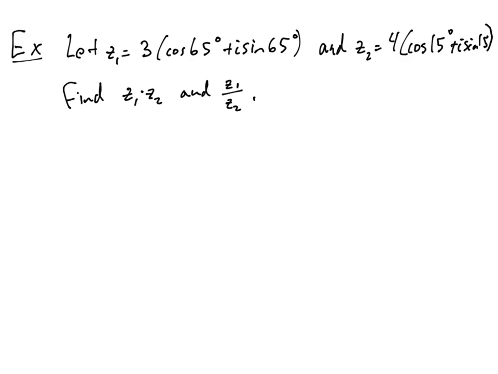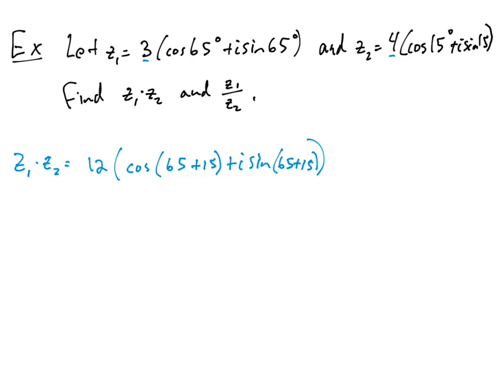Alright, here we are given two complex numbers written in polar form, z1 and z2. We want to find z1 times z2 and z1 divided by z2. So z1 times z2, remember what we do is we multiply the r value, so 3 times 4 is 12, and then we're going to say cosine of 65 plus 15 plus i sine 65 plus 15.